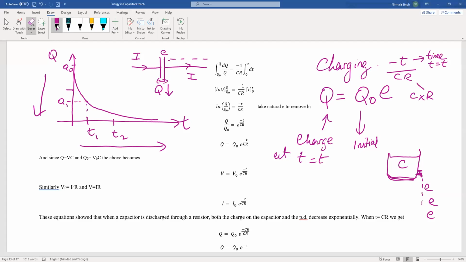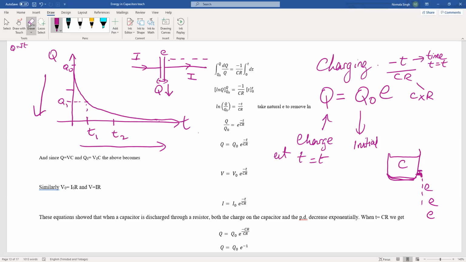So that's where we get the curve. As time passes, current and charge are basically the same thing, remember? Q is equal to IT. Your current and charge are going to decrease as time increases until it reaches a point of 0.